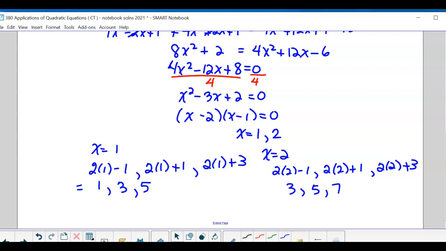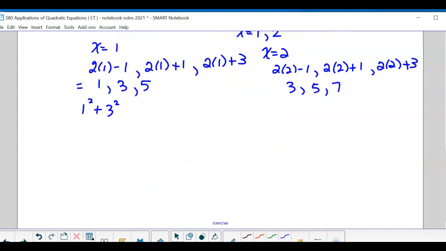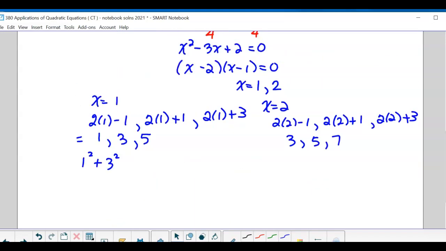So 1 squared plus 3 squared. That's going to be 10. 5 squared is 25 minus 15 equals 10.